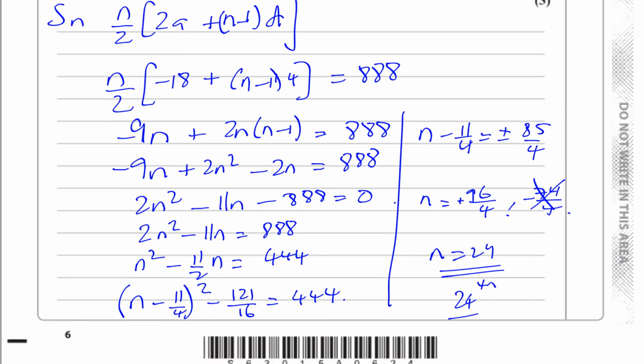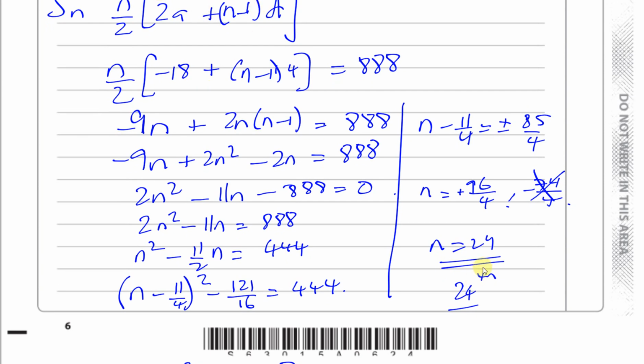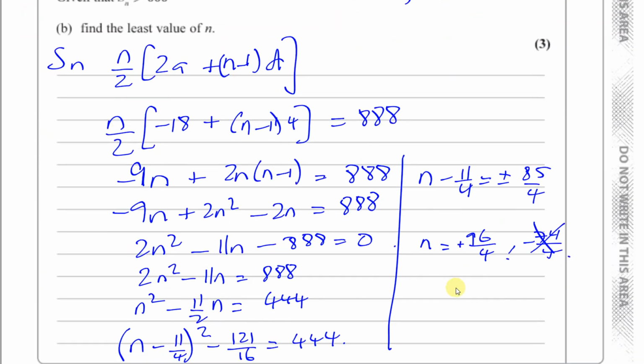That's when it's equal to, the least value of n. So the sum of n is equal to 888 when n equals 24.